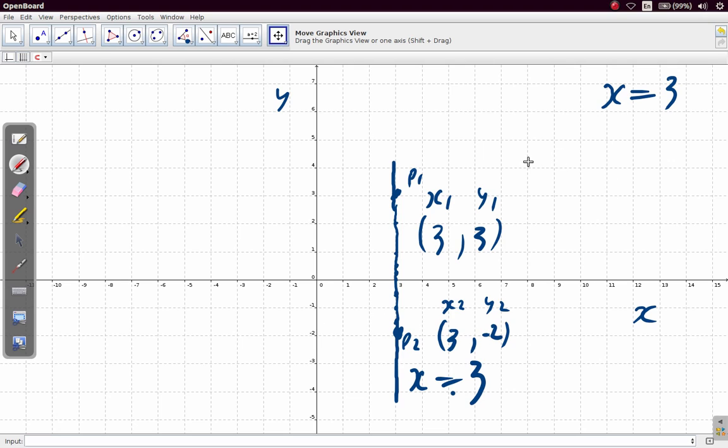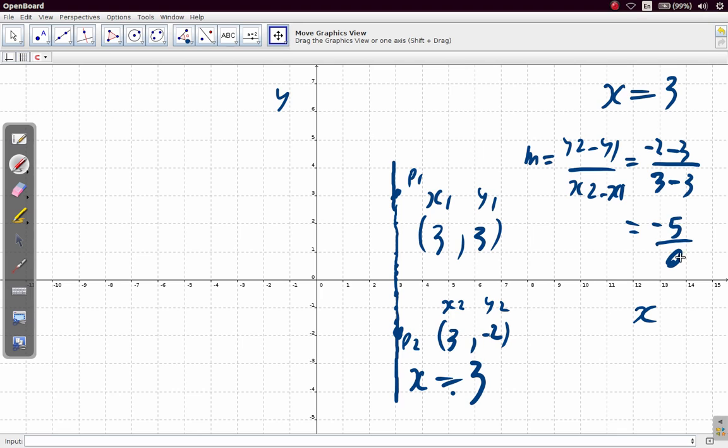Now, suppose we try to find the gradient, which equals y2 minus y1 over x2 minus x1. Y2 is -2 minus y1 is 3, over x2 is 3 minus x1 is 3. What will you end up with? 5 over 0.